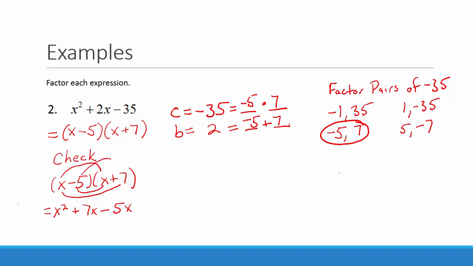And negative 5 times 7 is negative 35. We have like terms in the middle. 7x minus 5x is positive 2x. So the check is correct, and this is our factored form and our answer.